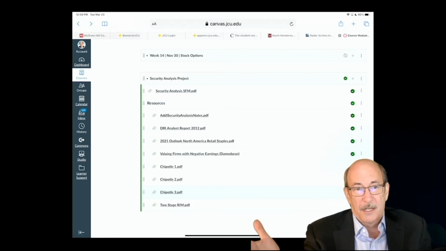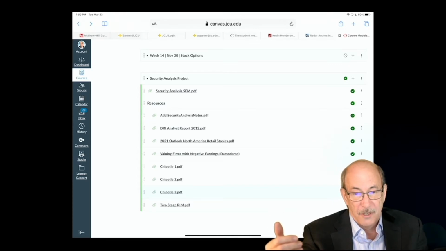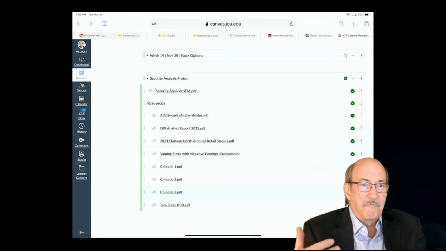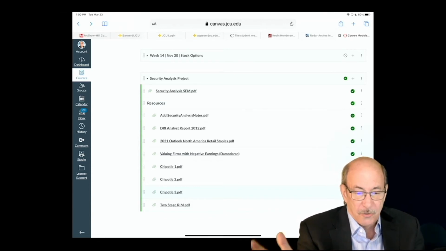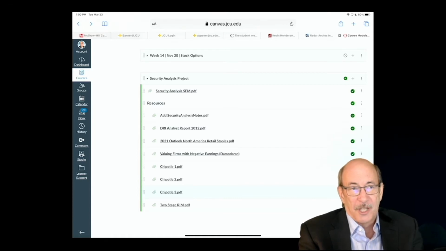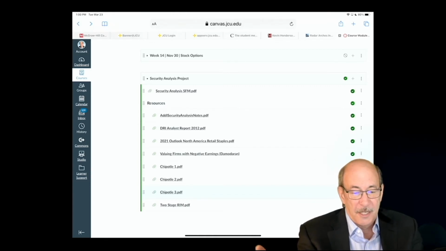This was back last semester, when we did Chipotle as the firm that we analyzed. So you could look at that and possibly use it as a framework and say, well, I want to look for similar information related to SFM. The Chipotle PDFs were provided to us by Nancy Bonacci, who is now the vice chair of the board and is a retired analyst from KeyBank, director of research at KeyBank.